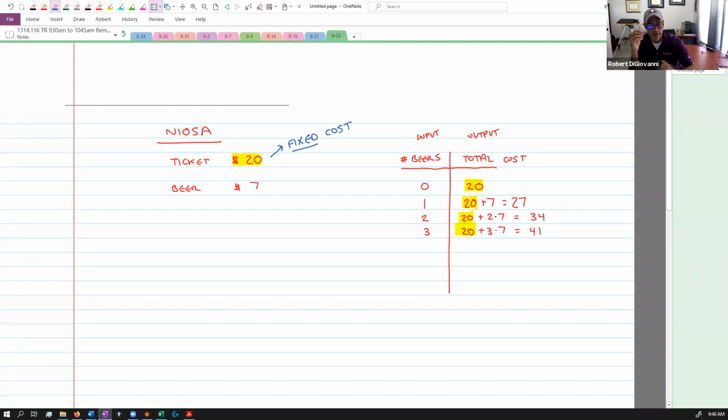Because no matter what, no matter how much beer we drink, we're going to have to pay the $20 to get in the door, right? Now, the $7 is what we call the variable cost, because that depends on how many beers we have, right? If we have none, we won't pay anything. If we have 3, we're gonna have to pay $21 for beer, right?